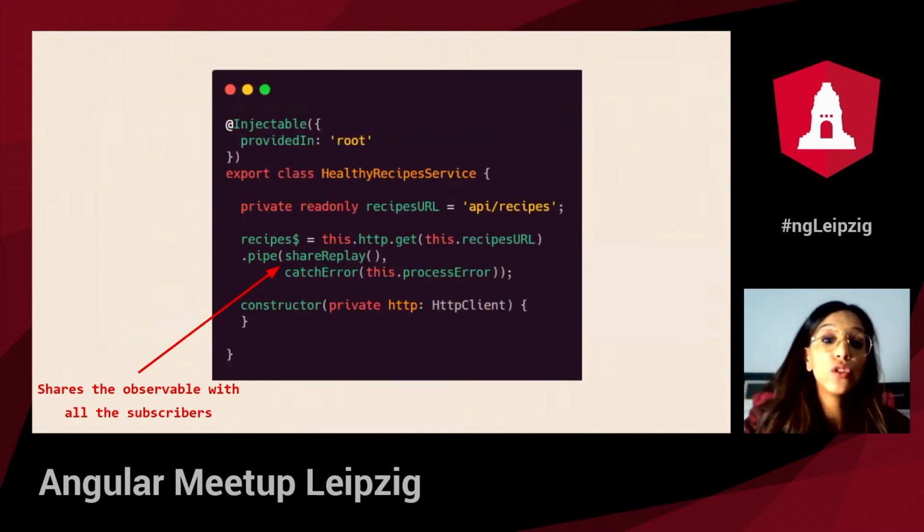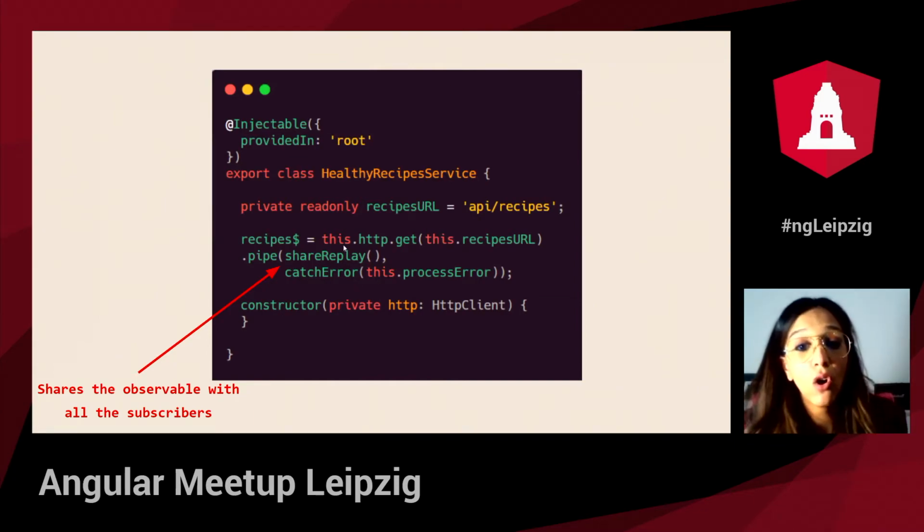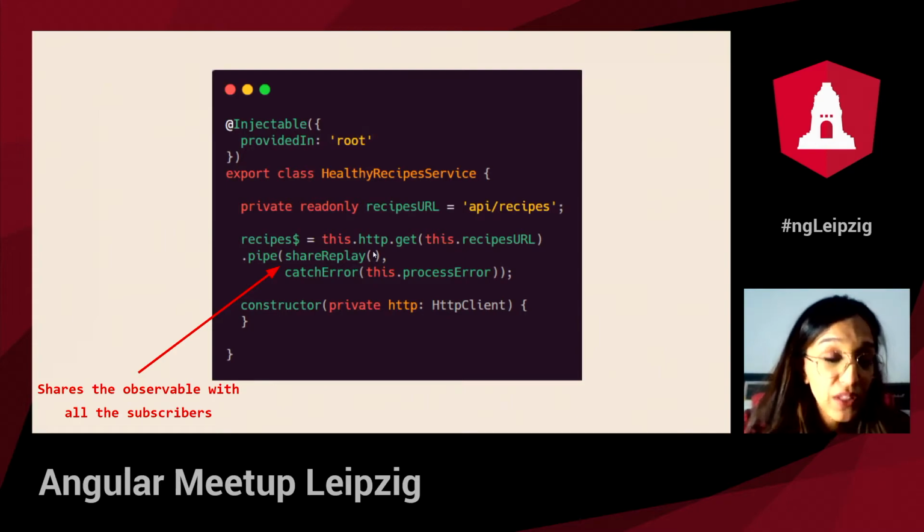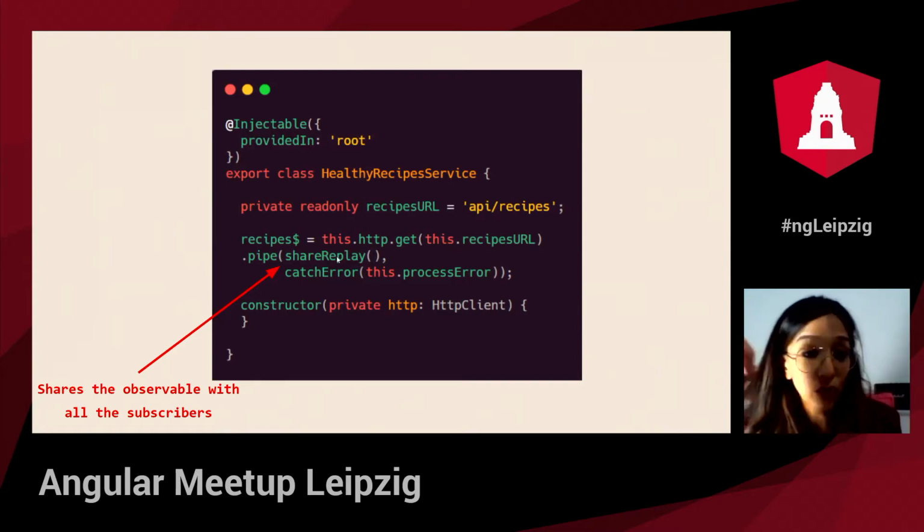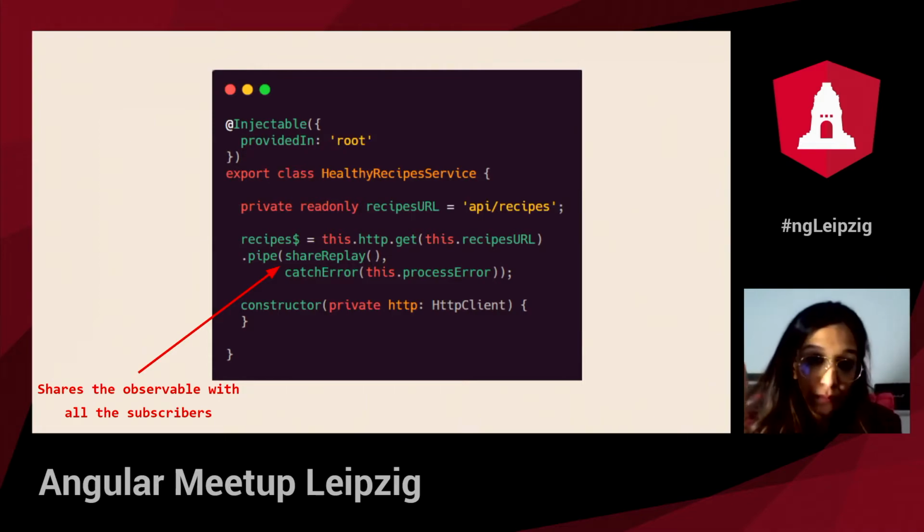Now, in order to cache this data and the result, I will call the shareReplay operator. It will share the observable with all the subscribers. So I will get only one call, not n calls.